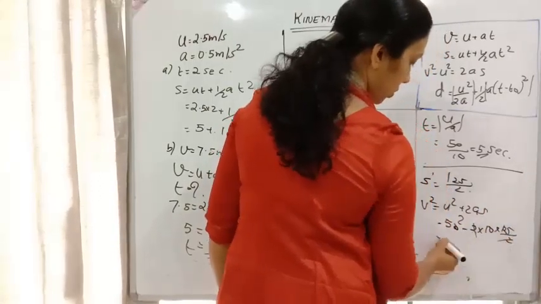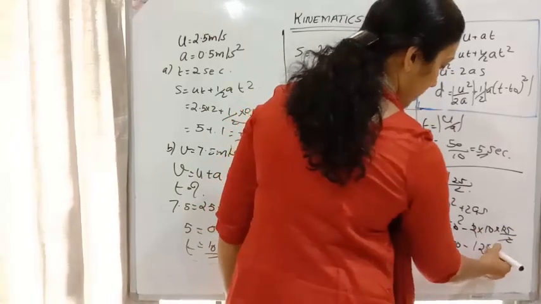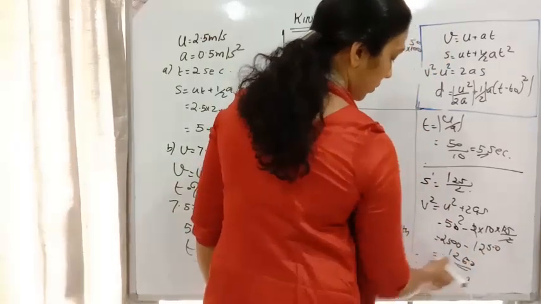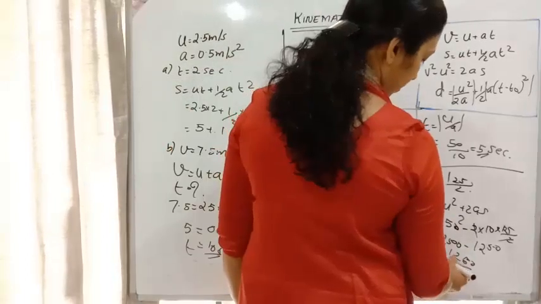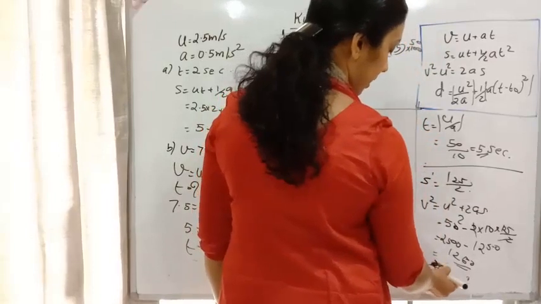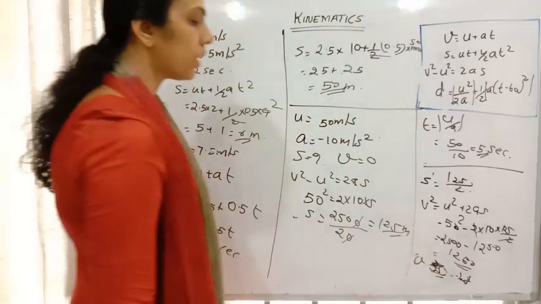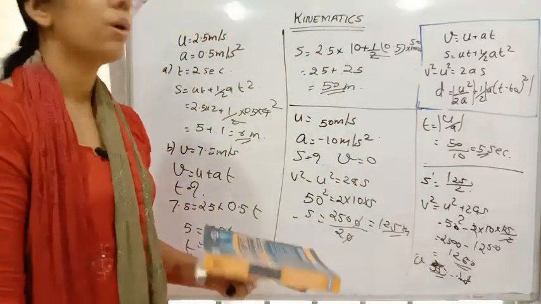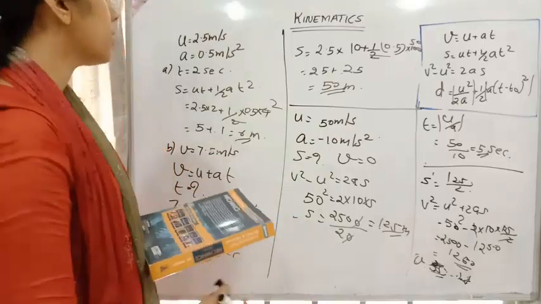The 2 and 2 will get cancelled: 2500 minus 1250, so here we will get 1250. 35 squared is 1225, so it is 35 point something you will be getting for the final velocity. Clear? So this is how we will be finding out.